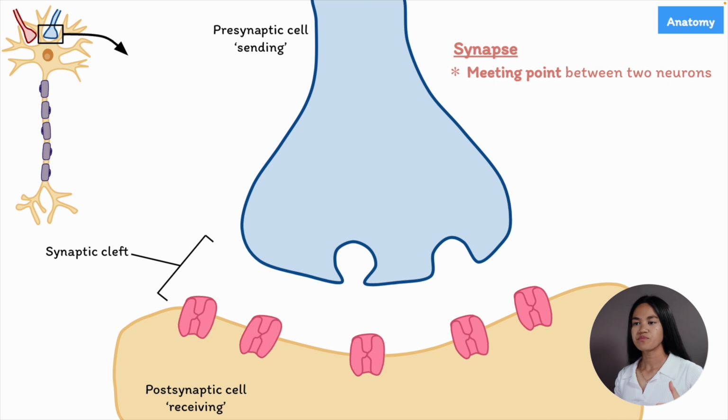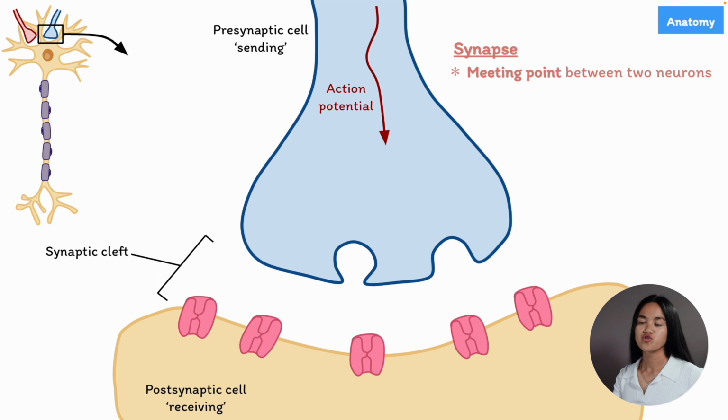So when an action potential sends an electrical signal to the end of an axon, the signal travels to a synapse where it's converted into a different type of signal and sent to another neuron. The transfer of electrical signals at synapses influences whether the postsynaptic neuron will fire its own action potential.